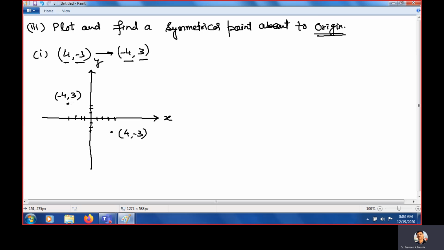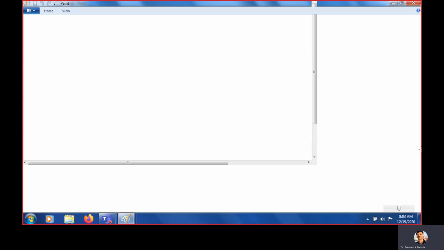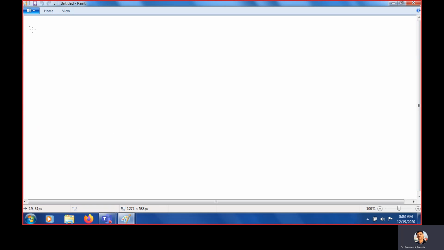Similarly, we can consider other points and find the symmetrical point about the origin. Now the last question, question number 3 in your course material, page 121. What is the question? A graph is given.